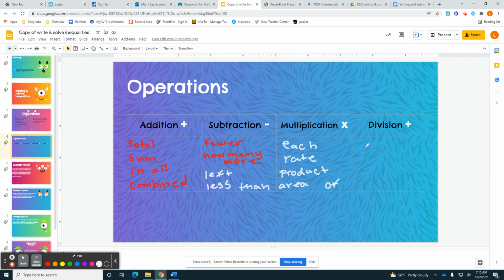Then for division, we may have, again, each, that may work for either one. Quotient, per, out of, into, if you're breaking it into. Okay. For multiplication, you may also have double or triple. Okay. Any multiple.